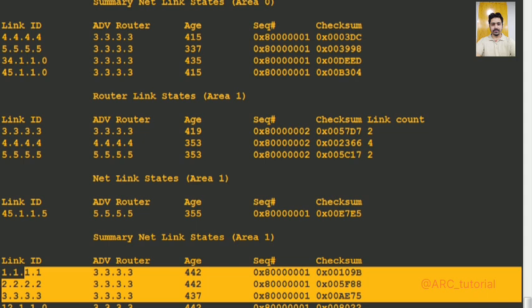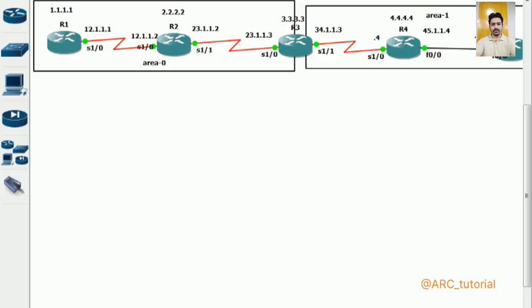Done. So it is also possible that you are receiving the same prefixes as intra area as well as inter area, but OSPF will always prefer intra area. It might sound a bit funny, but just try to understand that in the database of R3, it has the loopback of R1 in the form of a router LSA, and it also has some summary LSAs for it.